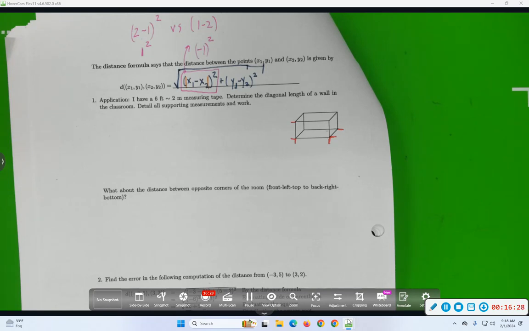Did you get 26? Added those in. Oh, I didn't do the square root.